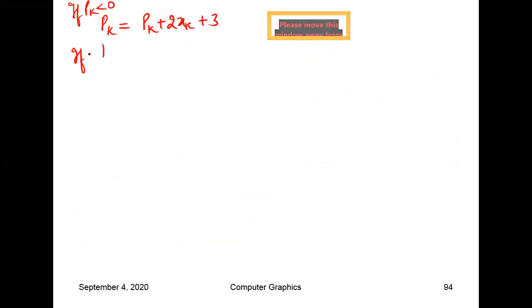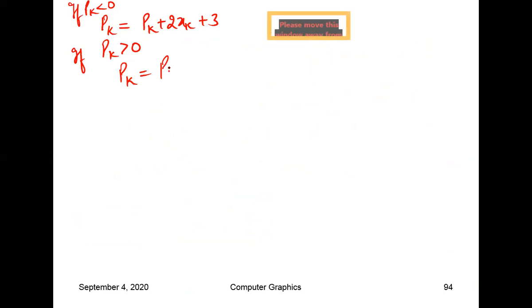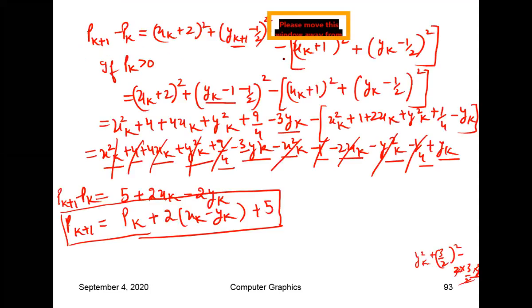And if pk is greater than 0, then pk plus 1 will be equal to pk plus 2xk minus yk plus 5. So this was the equation.